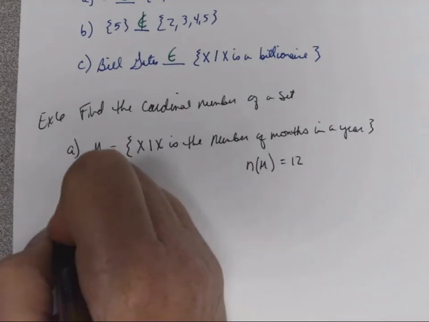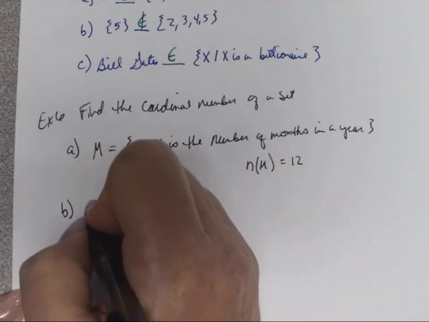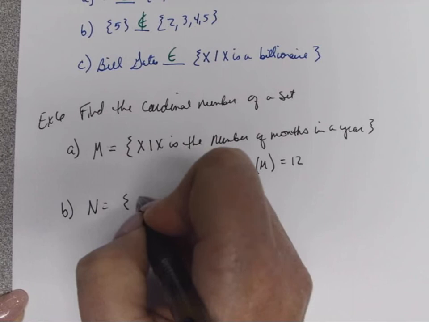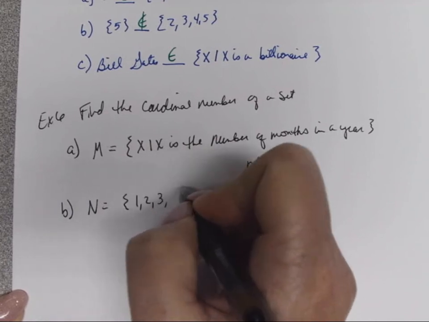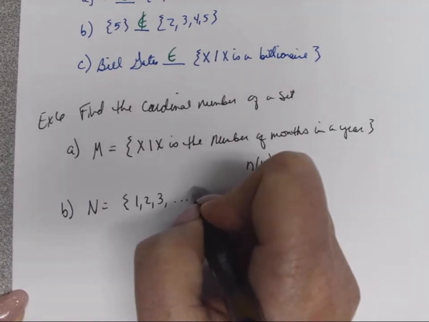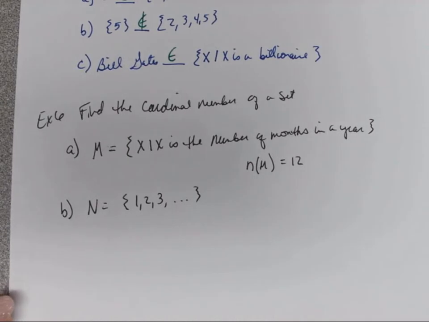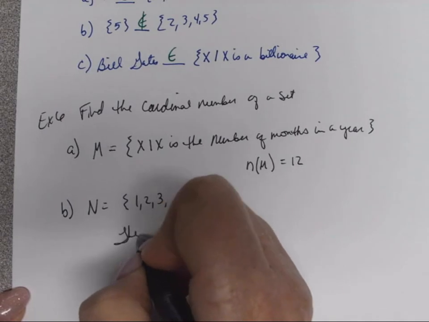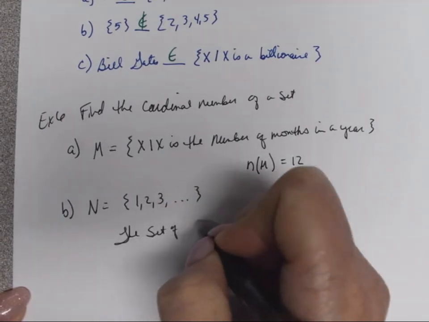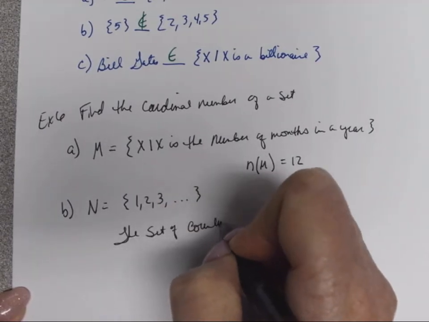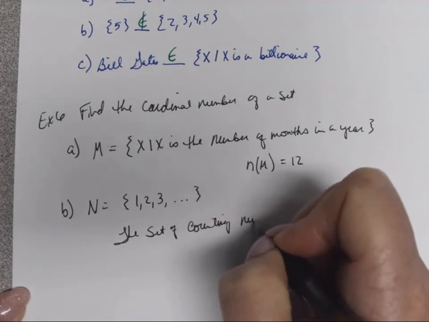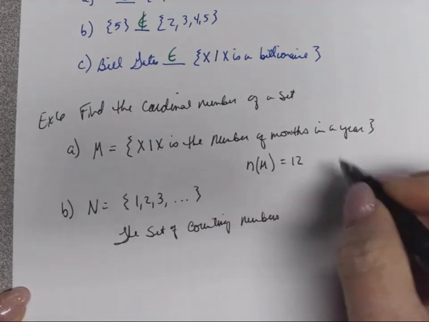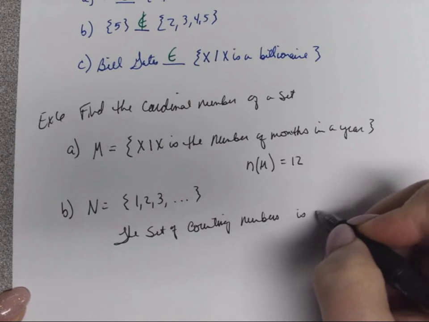All right, let's look at B. If we have N is equal to 1, 2, 3, dot, dot, dot. This is the set of counting numbers, so it is infinite. So we can say this is the set of counting numbers and that it is infinite.